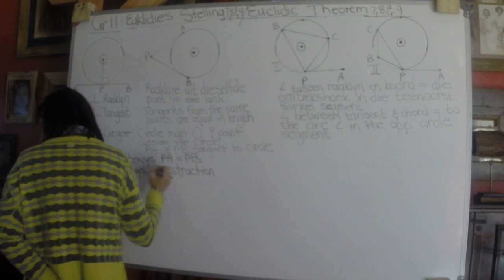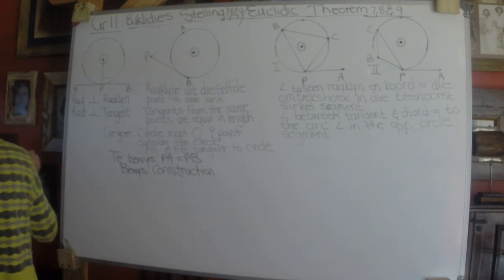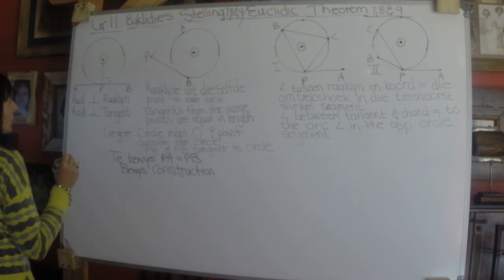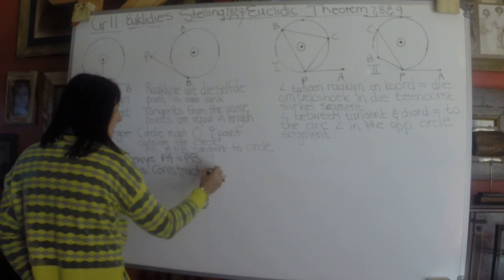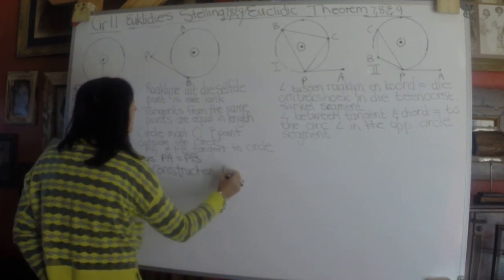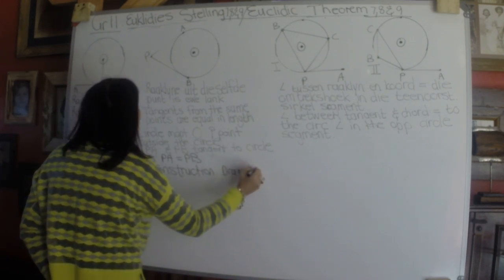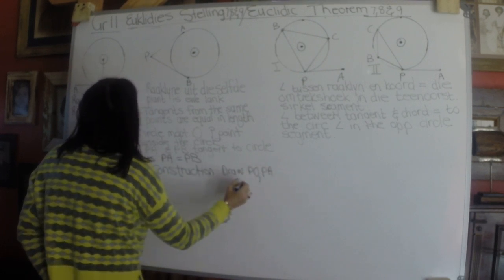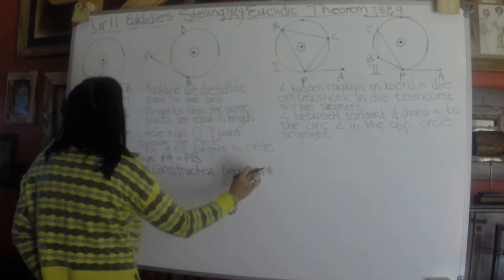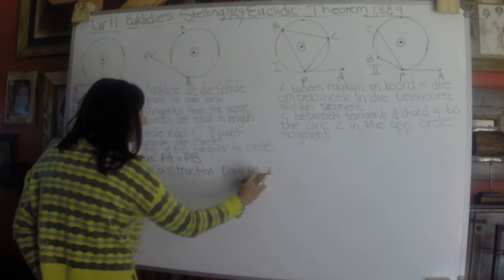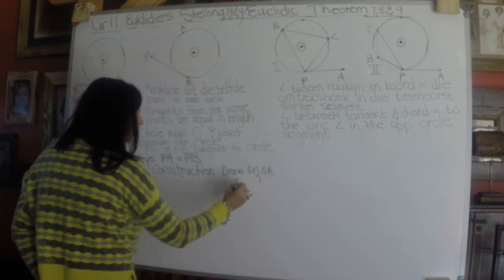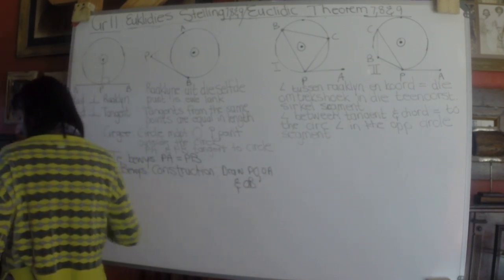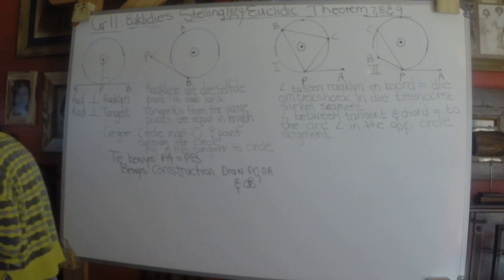So this construction that we're going to do for this one is we're going to draw PO, OA and OB. So let's draw that in.